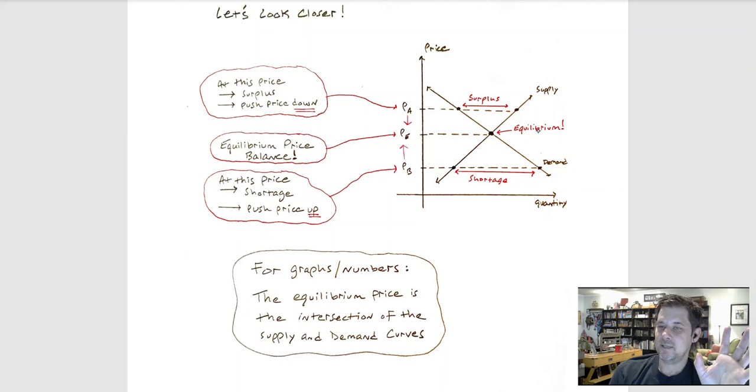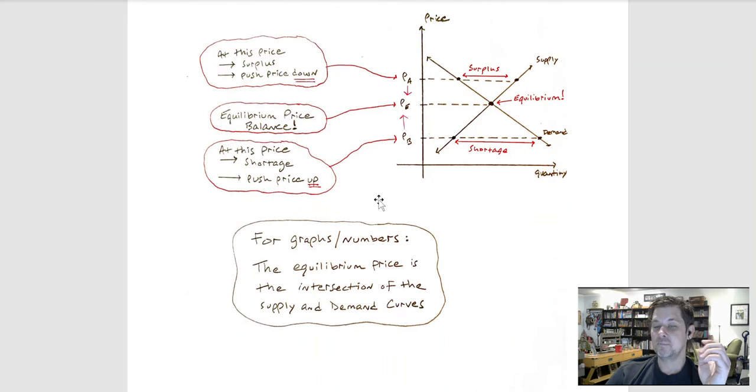So if we're standing over here, we want to fall down. If we're standing over here, we want to fall up. But if we're standing at the intersection, then there isn't the surplus or the shortage, and at least no factors such as that to push the price to some other number, okay? So that's what the equilibrium price is. In concept, you can think about it in terms of balance; in terms of the graphs, it's just the intersection of the supply and demand curves.